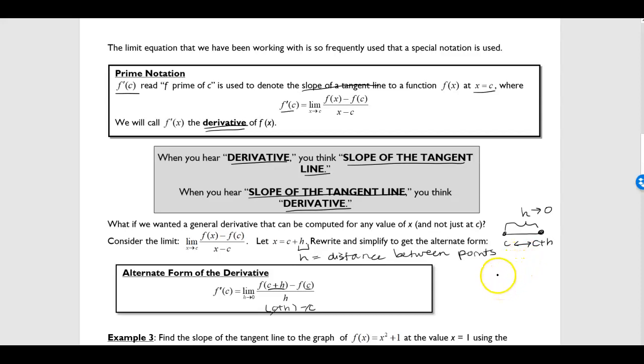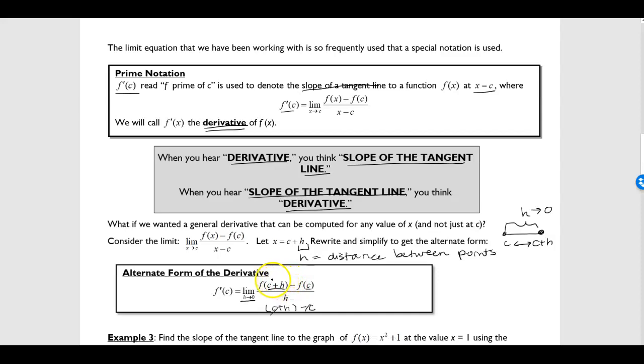So the distance between them is approaching 0. So you'll notice here that this formula has the limit as h approaches 0. It's not the same exact formula, but it will find the same thing as our formula up above. It's just a different format, and you'll have to be able to recognize and use both formats.